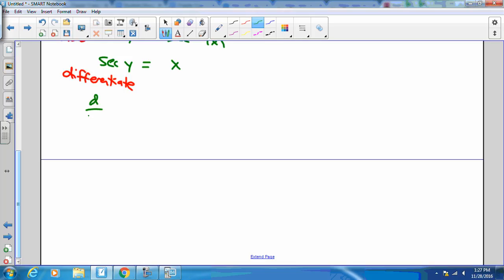In this particular case, we take the derivative with respect to x of secant y. On the right side, we get 1.